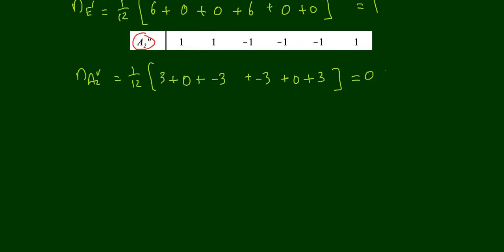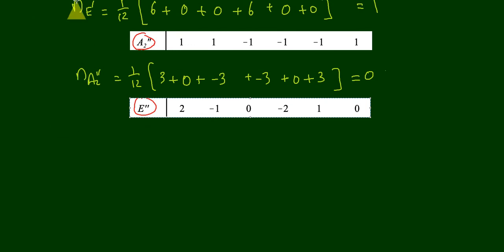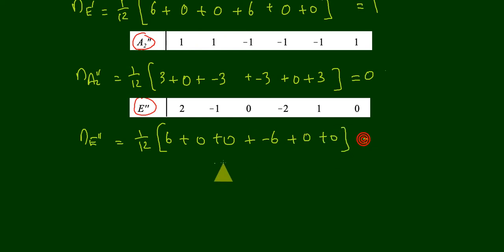So N E double dash is equal to 1 divided by 12 into 6 plus 0 plus 0 plus minus 6 plus 0 plus 0. That is equal to 6 minus 6 divided by 12, that is equal to 0. So we have calculated everything.